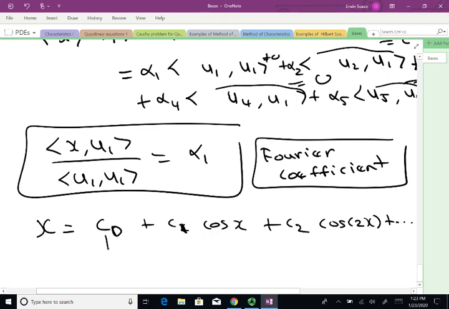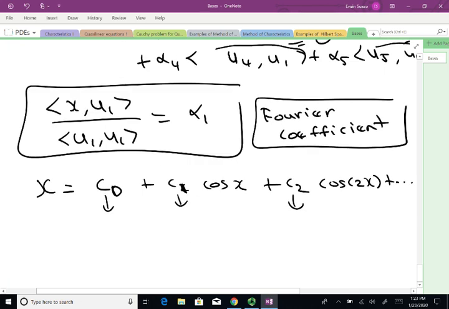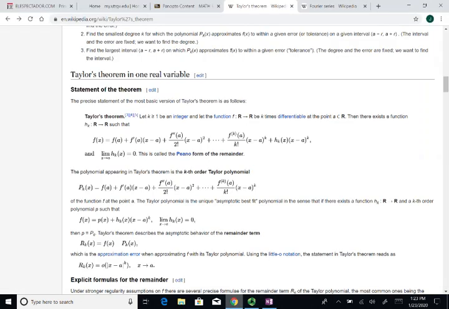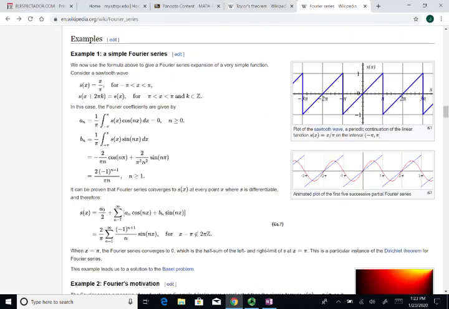You can find c0, c1, c2, and then you'll be able to express this function x. It's going to be periodic, and you'll find the one on Wikipedia, the one that is here. The exercise is going to be similar to this, not exactly the same, but we will be able to find the approximation.